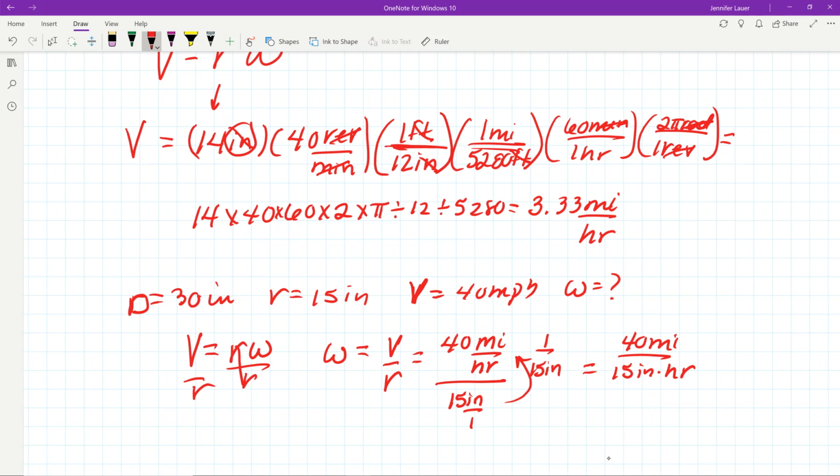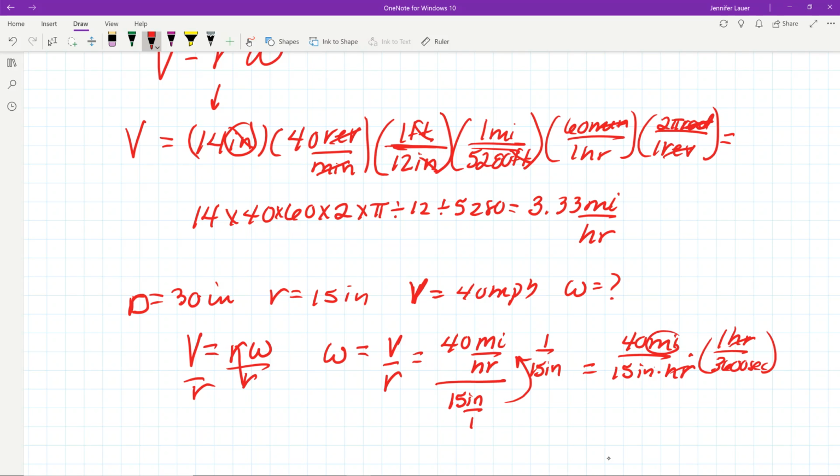So what do they want? They want revolutions per second. The first thing I'll do, the easiest thing, is to change 1 hour to 3,600 seconds. So at least I'm in seconds now. But I want revolutions, which, guys, we know is kind of unitless. So what's going to happen? Watch what I do.